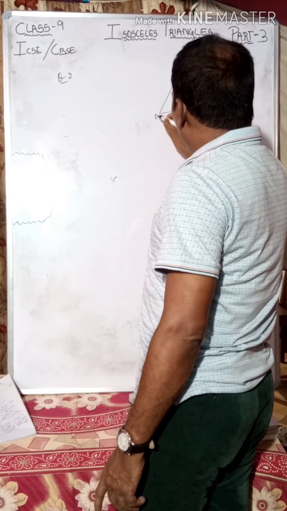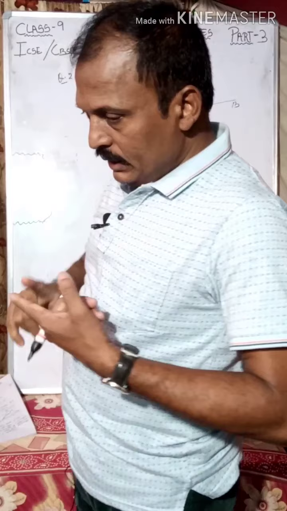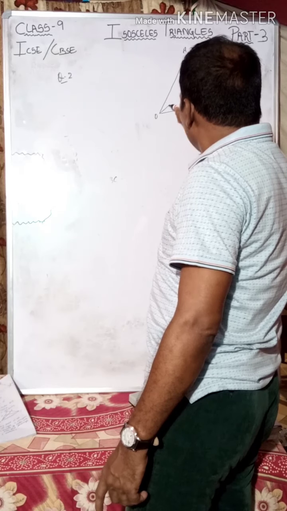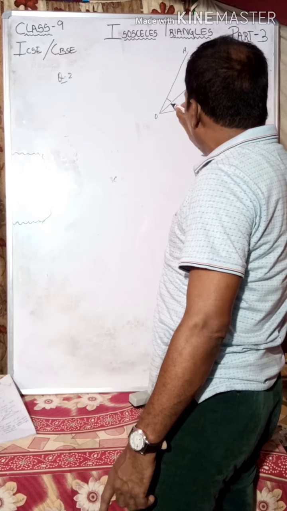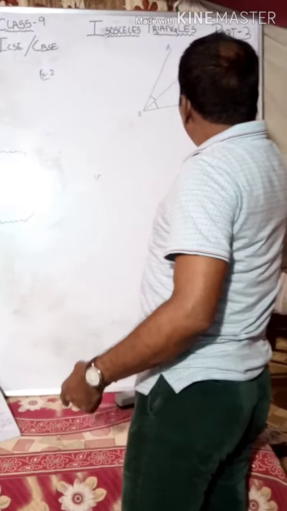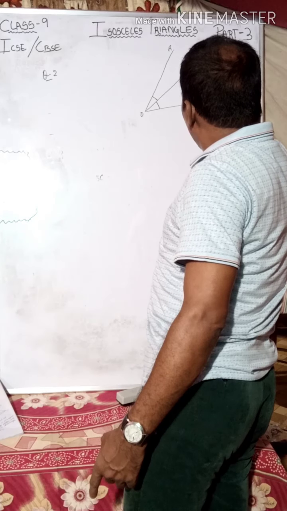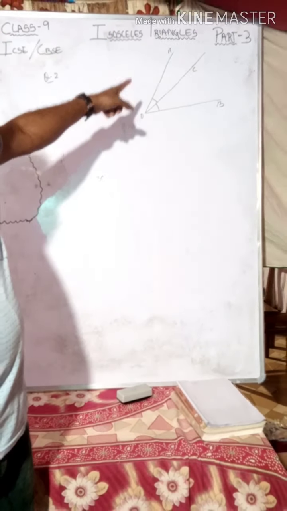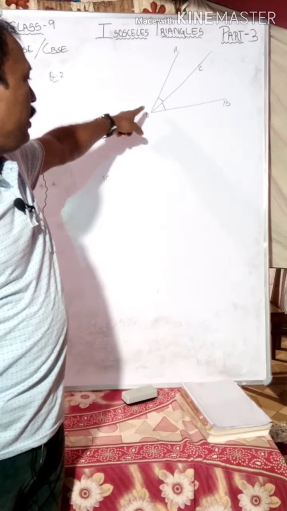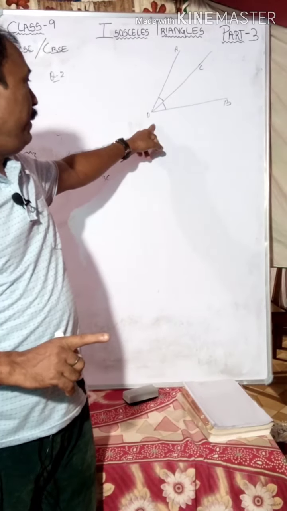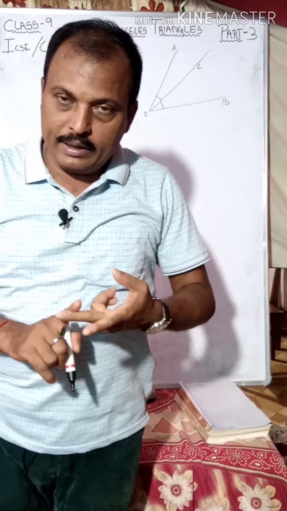Suppose this angle is AOB, and a point is on the bisector of the angle. Suppose OC is the bisector of angle AOB, and C is a point on the bisector OC.